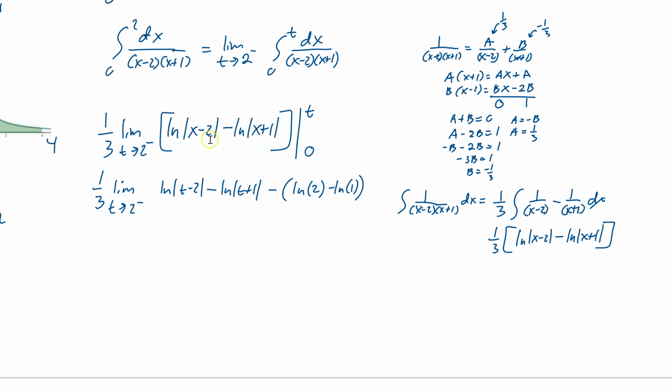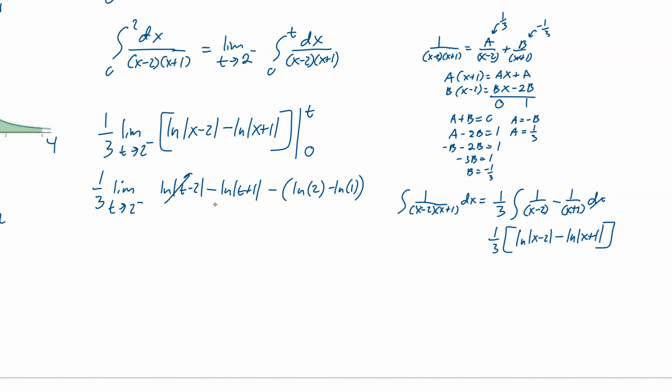All right, so now if we do look at it as it approaches 2 from the left, now we do have an absolute value here. So as we're approaching it from the left, you would think about it plugging in 1.99, right? And then 1.999, 1.9999. The difference here is still getting closer and closer to 0. So this inside is really approaching 0.